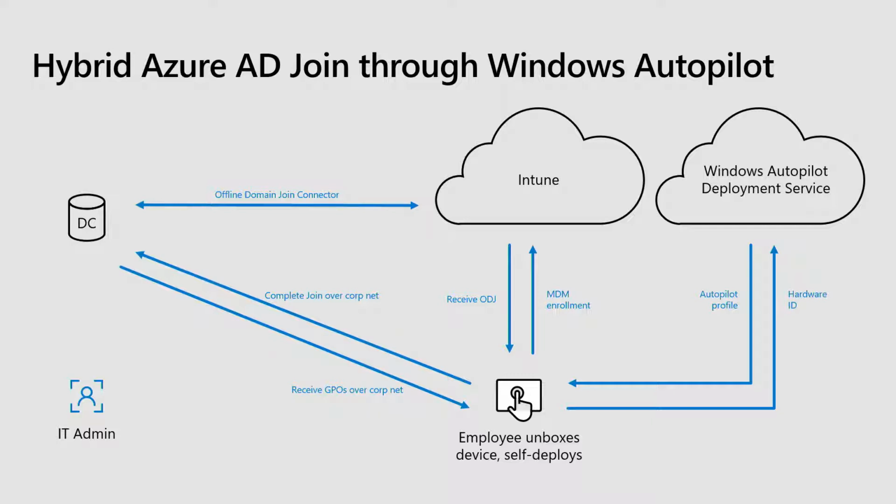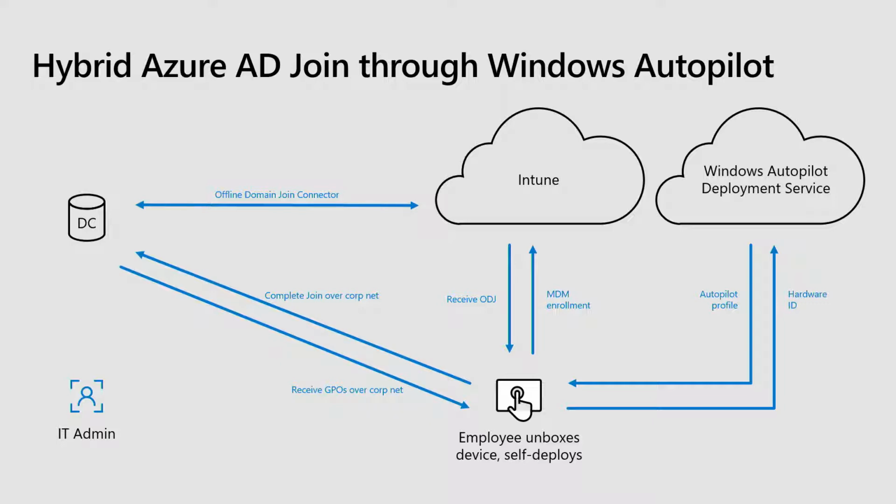And this makes an easy connection to the DC, grabs the offline join information for that particular device, goes back through Intune, sends it down to the client, and the client makes an offline domain join wherever it is on the planet. So that's the thing behind it.